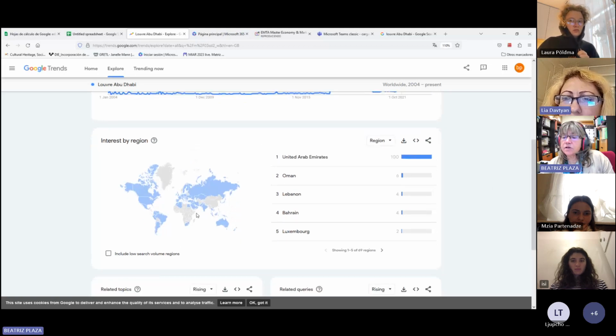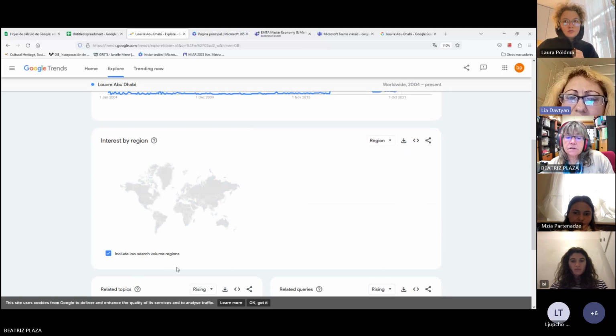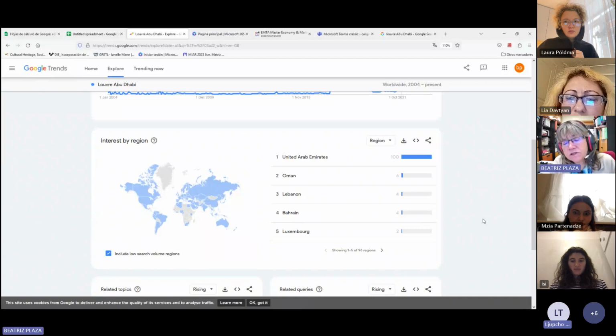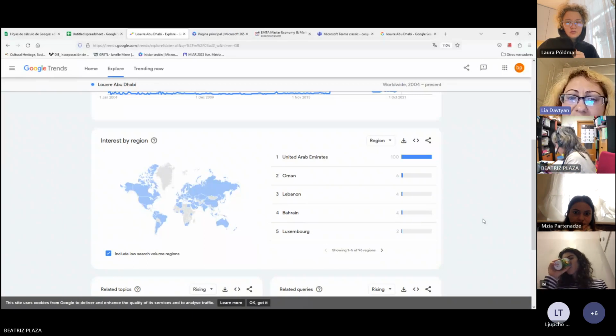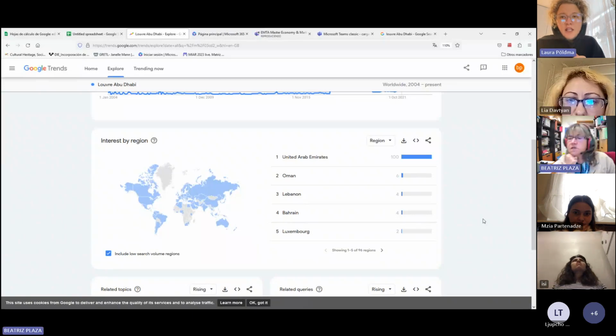Can you see the map here? What are the countries related with this diagram? It says there it's interest by region.